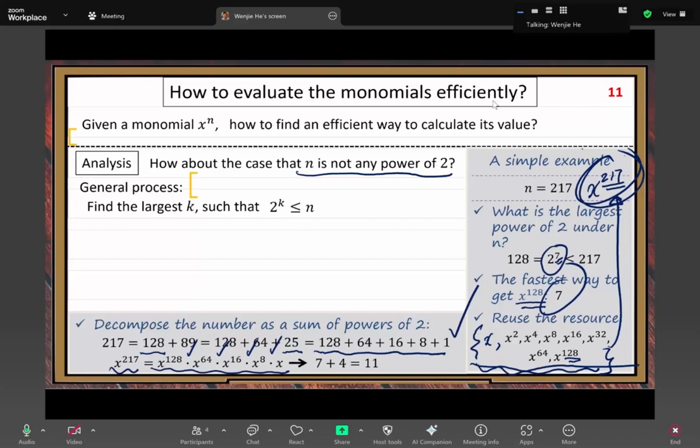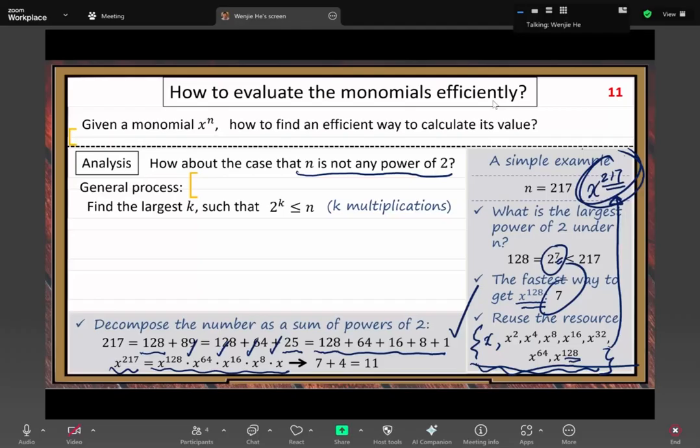Preparation. Because you need to build that resource pool, right? The first round, build up that resource pool. You need k multiplications to build your resource pool.